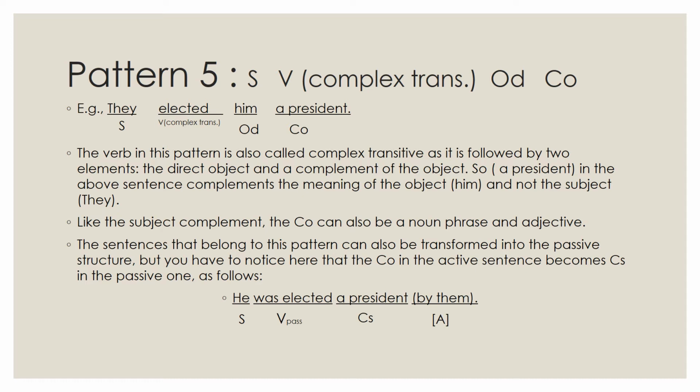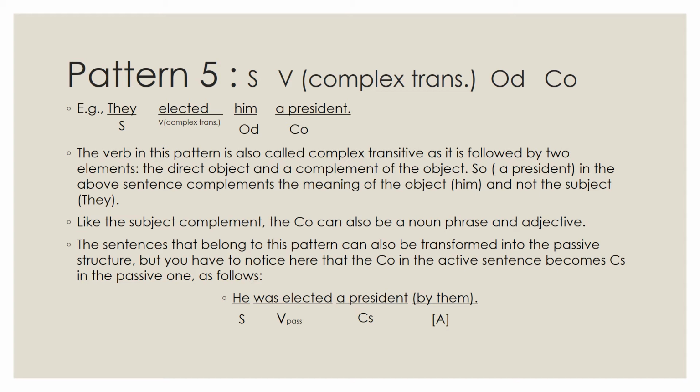Let us examine the structure of this sentence. "He" is the subject, "was elected" is a verb in the passive. Now "a president." Who is the president? It is "he." And what is the function of "he"? Subject. So "a president" now becomes what? Subject complement. Please pay attention to this. In the active voice, it was functioning as what? Object complement, because it complements the meaning of the object.